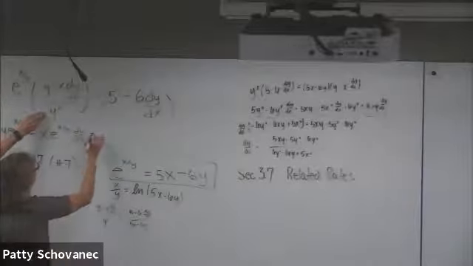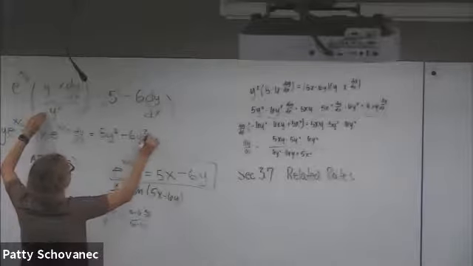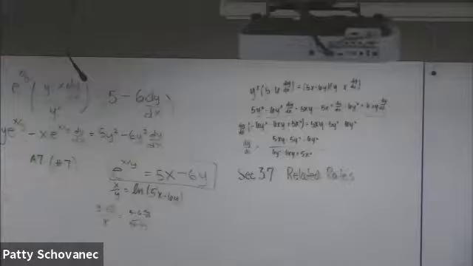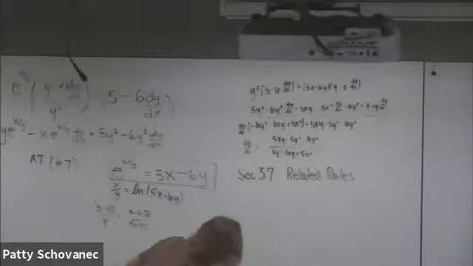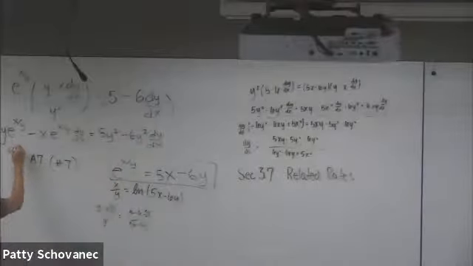And then over here, I have 5y squared minus 6y squared dy dx. And so I'm going to group terms. This one is coming over here. That one's going to go over there.